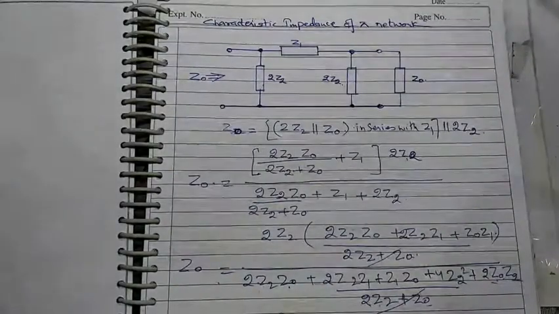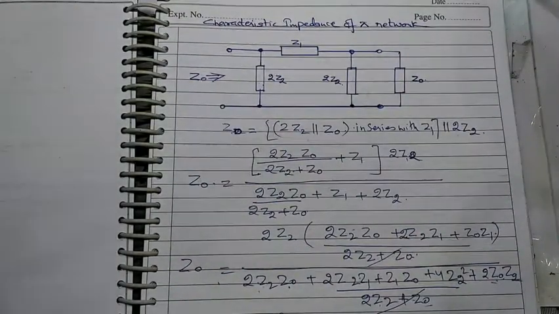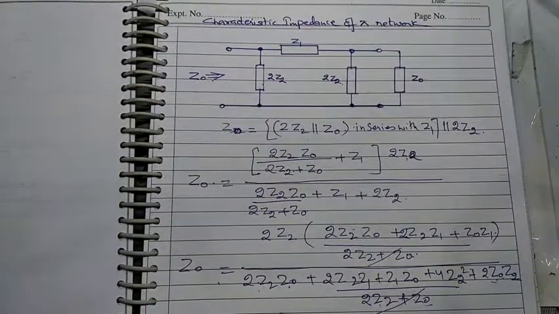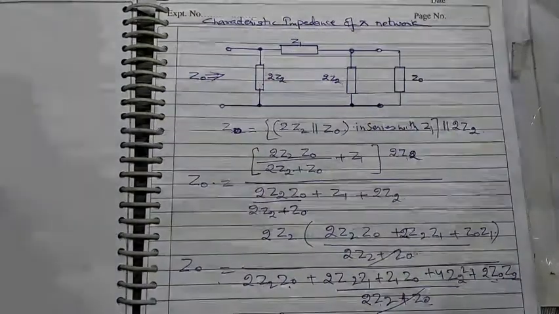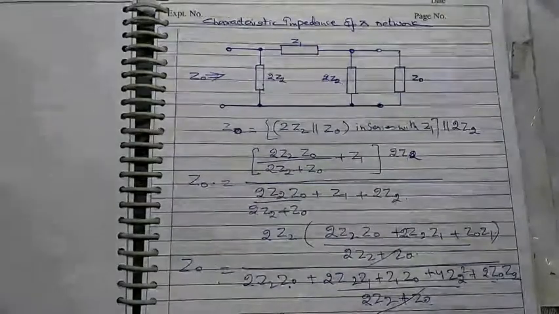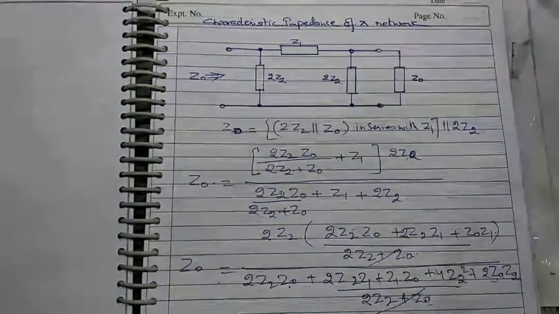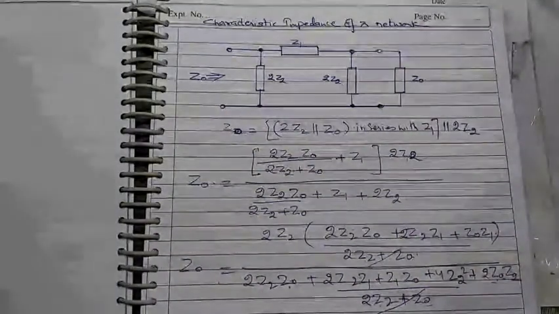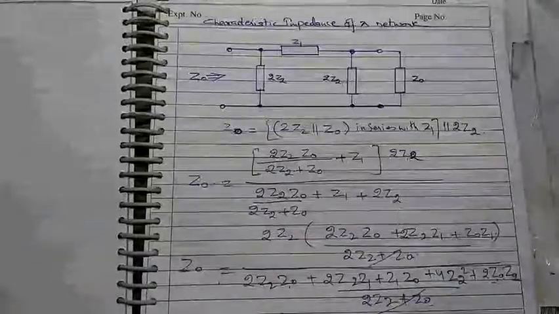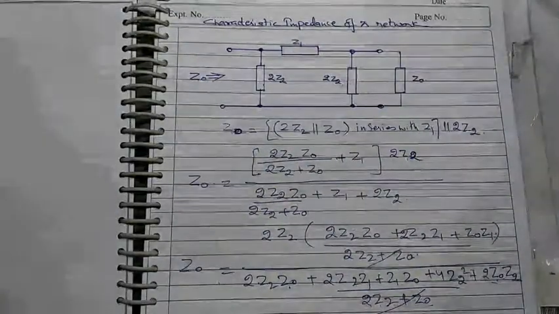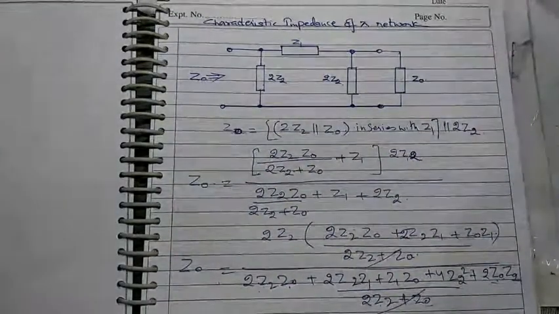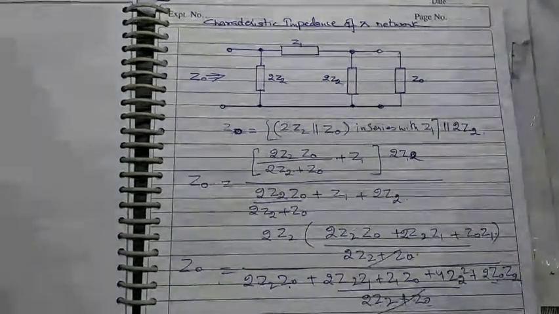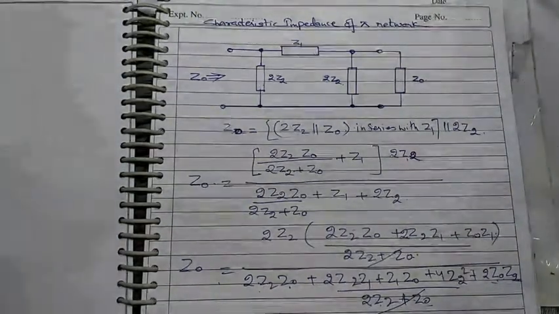Now take this to the other side and multiply by ZO. This is 4Z2 ZO plus 2Z2 Z1 plus Z1 ZO plus 4Z2 square, equal to 4Z2 square ZO plus 4Z2 square Z1 plus 2Z2 ZO Z1.